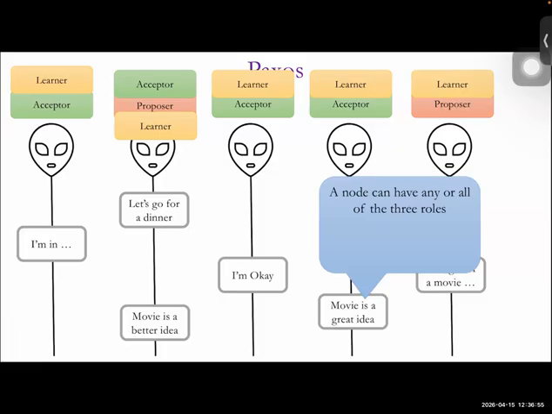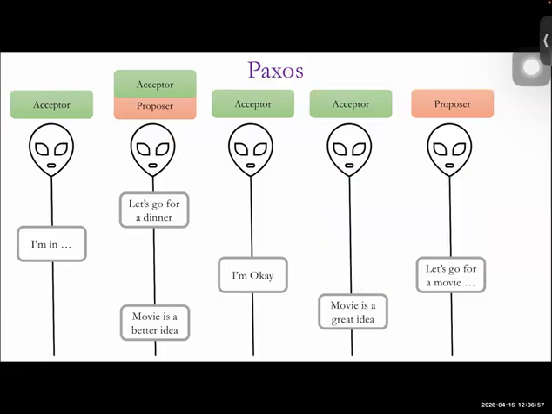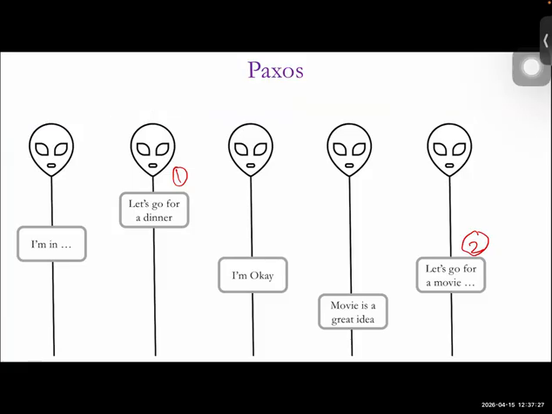If you look at this, in this case there are 2 proposers. Proposer 1, let us say, is proposing let's go for dinner, and the second proposer is proposing value 2, let's go for the movie. All the remaining nodes become the acceptors, who vote on this proposal: shall we go to dinner or the movie? They have given their opinion.